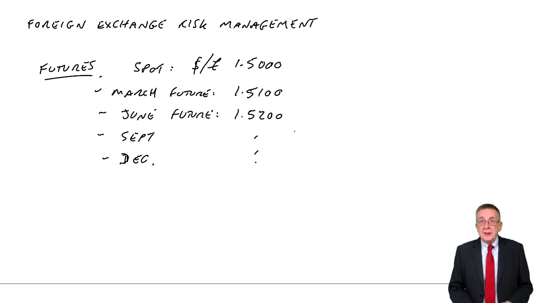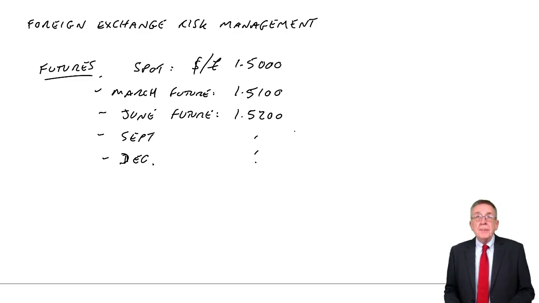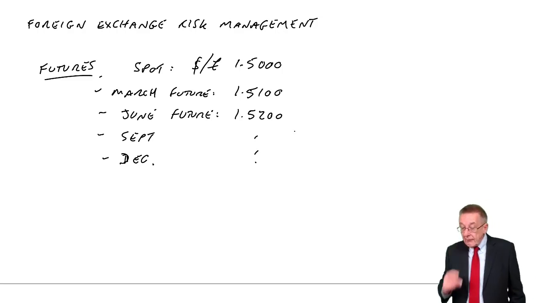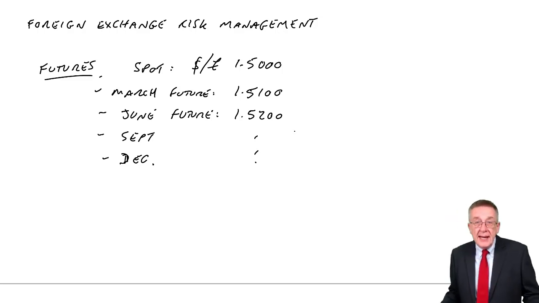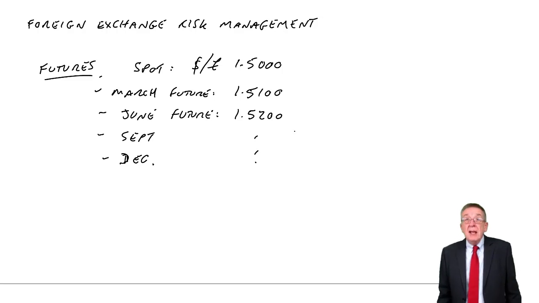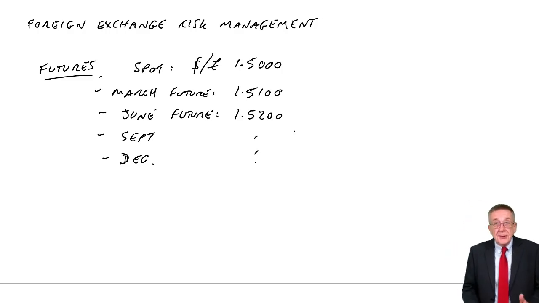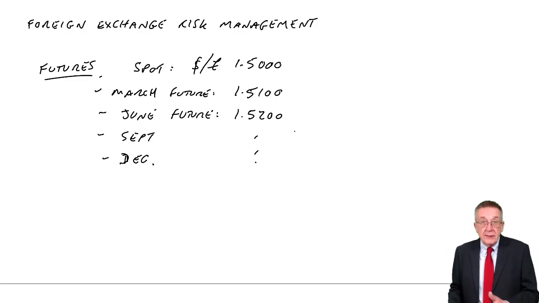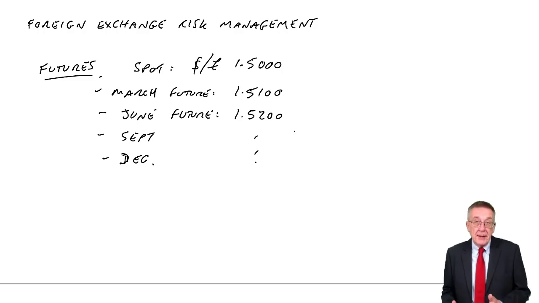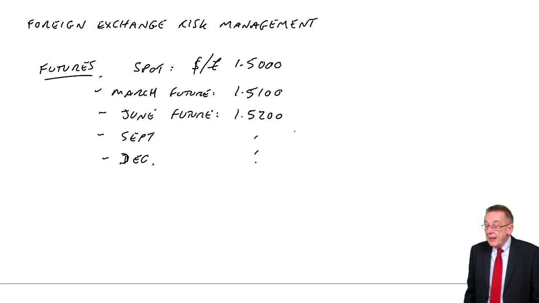Now that makes it fairly restrictive because obviously, although it's in that sense like forward rates, it's only really any direct use if your transaction is going to happen at the end of March or the end of June or the end of September or the end of December, which is rarely going to be the case.